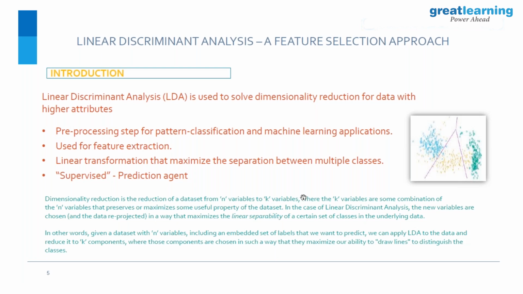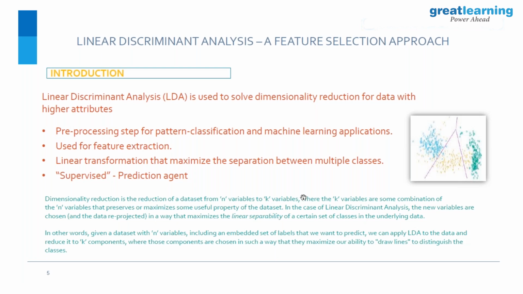What in simple words that means is we are trying to control the number of features without losing the important or key information, the key variables in predicting or in classifying our target variable. So the objective is, before we jump on to do any kind of pattern classification or any type of machine learning application, the pre-processing stage selects the right features. To do that, we apply what is called dimensionality reduction.